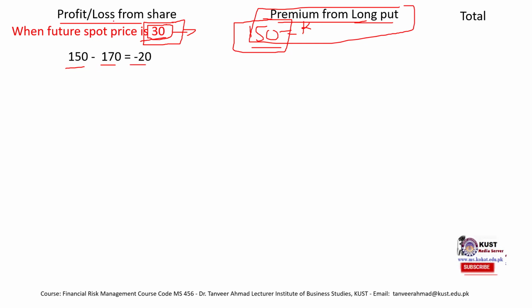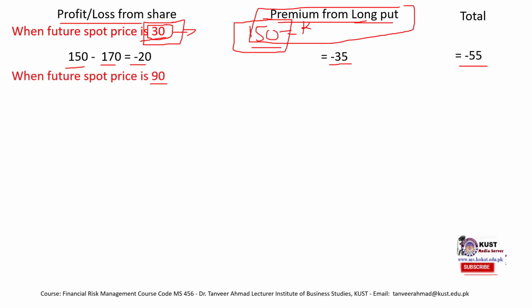Your loss from this ownership of the stock is 20. Our premium would always be minus 35, because we are going to pay the premium irrespective of the price. Our total loss is minus 55 from this whole protective put strategy.